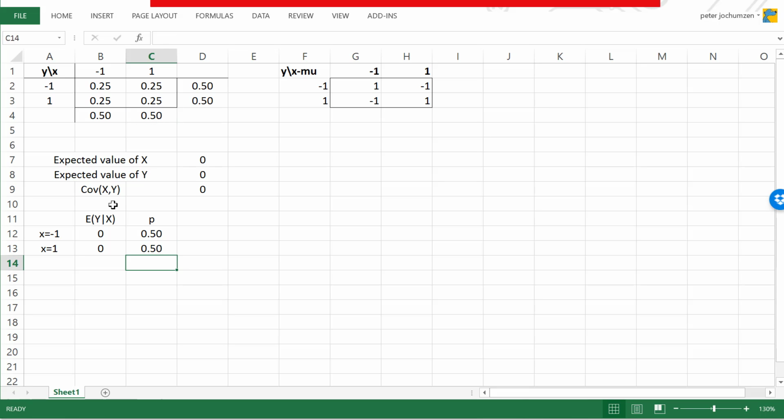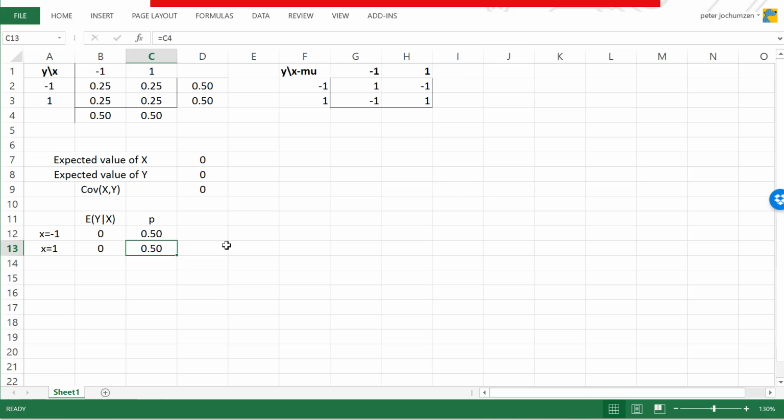So in this sense, the expected value of y given x is a random variable. It can take value 0 with 50% probability, and it takes value 0 with 50% probability. So in this case, kind of a boring random variable, it takes value 0 with 100% probability.